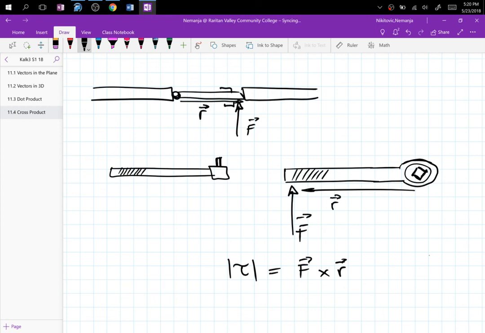That doesn't matter. Radius cross force. Radius cross force. You know how to take the cross product. So if things are given to you, just plug them in and be done. Computing cross products on orthogonal vectors.